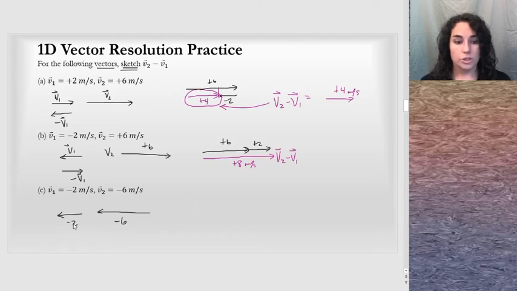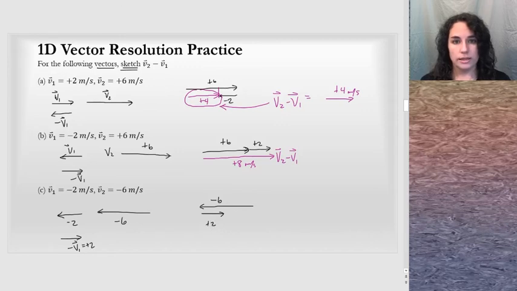I'm going to take V2 minus V1, so I'm going to draw minus V1 in here, which is a positive 2. So here's negative 6 minus a V1, which is plus a negative V1. So I have negative 6 plus 2.